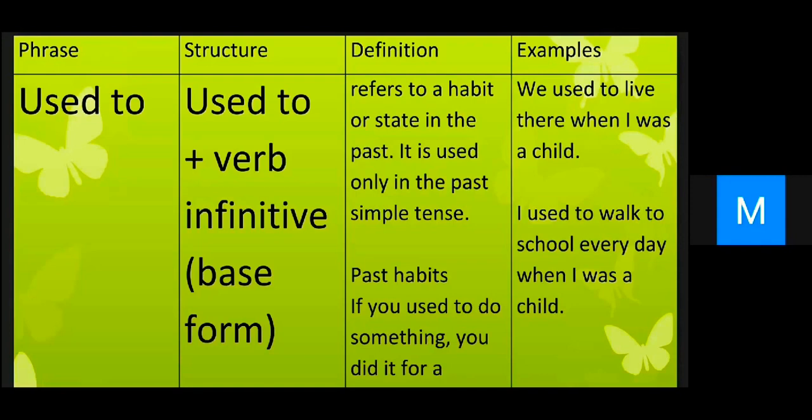Yes, Miss Panagsagan. I think verb infinitive is usually the basic form of the verb preceded with the word to. That's correct. Thank you, Miss Panagsagan. So a verb infinitive is usually the basic form of the verb preceded by the word to, just like to run, to walk, to sleep, and so on.